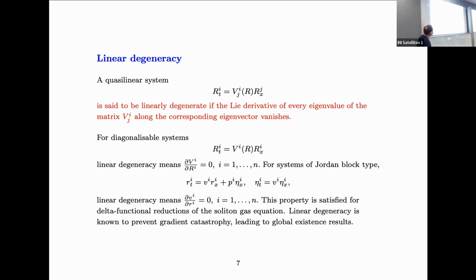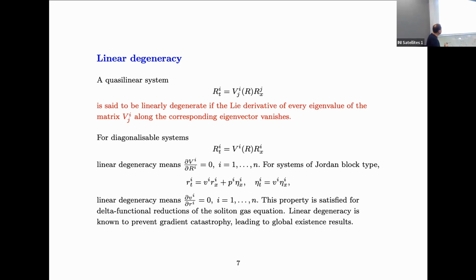For systems of Jordan block type, namely systems of this type such as the soliton gas, here I copied the system for soliton gas. Linear degeneracy means that eigenvalues do not depend on Ri's. Vi doesn't depend on R: dVi by dRi equals 0. First of all, this property holds for the delta functional reduction, so the soliton gas.